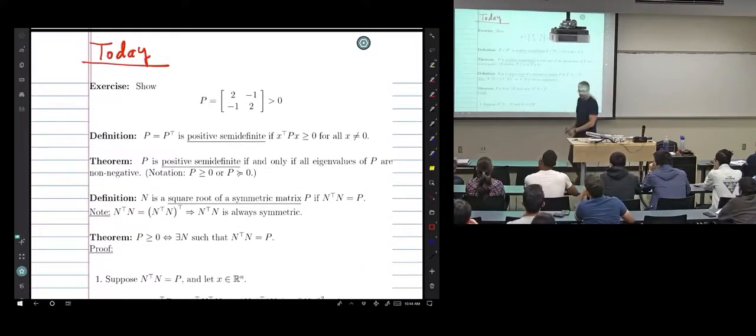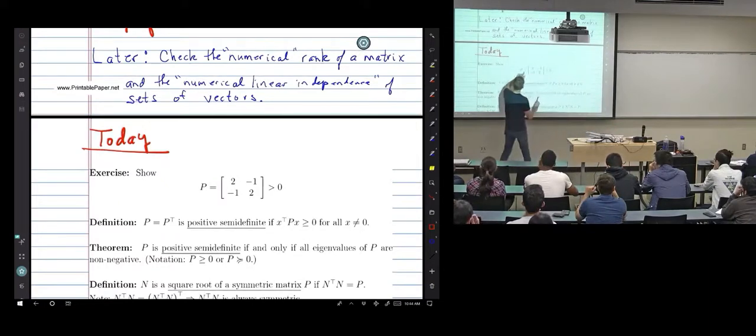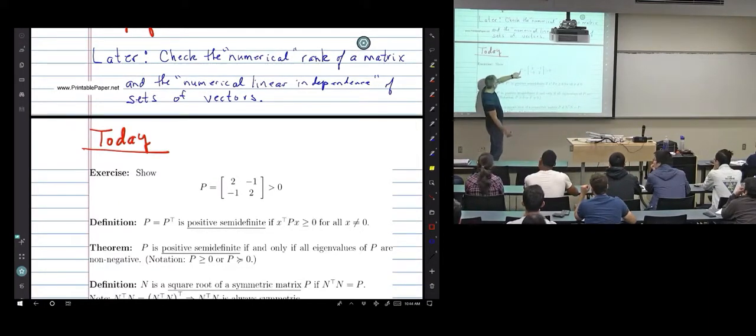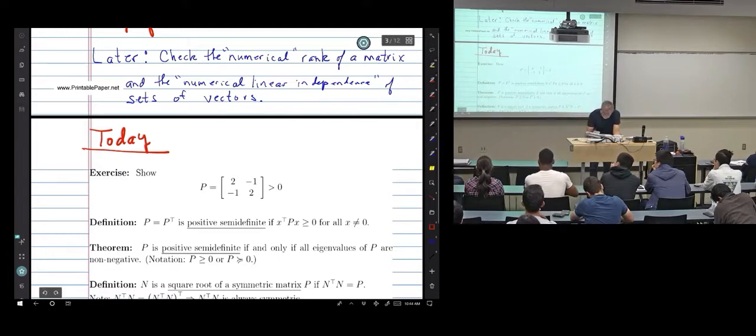So, the symbol we use to say that a matrix is positive definite is we just write greater than 0. Okay, so that's the symbol.